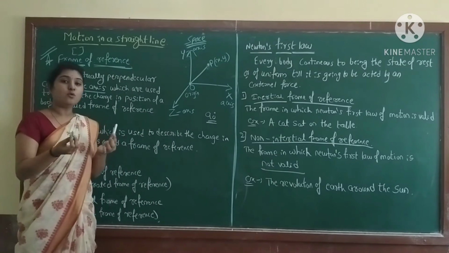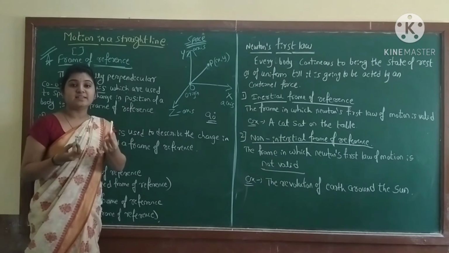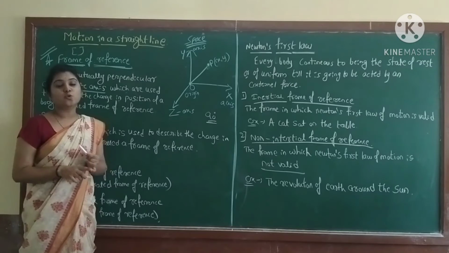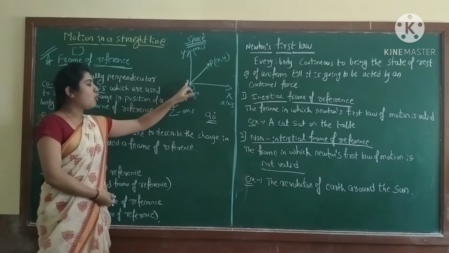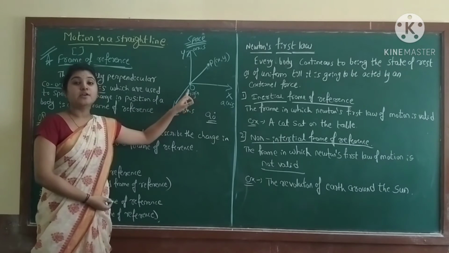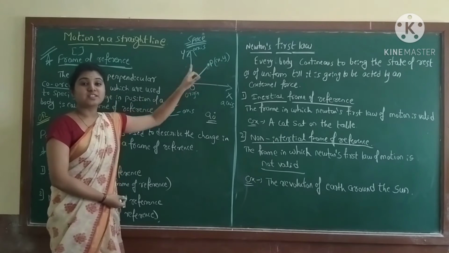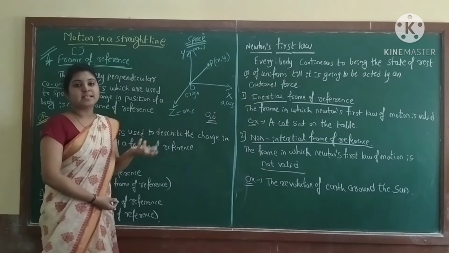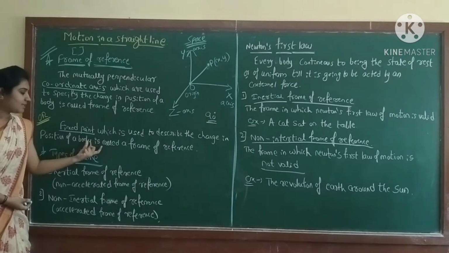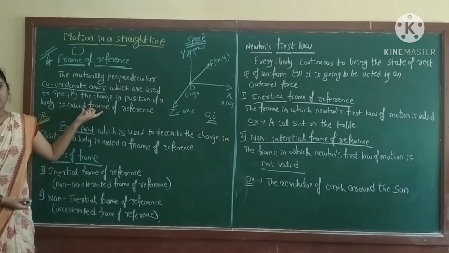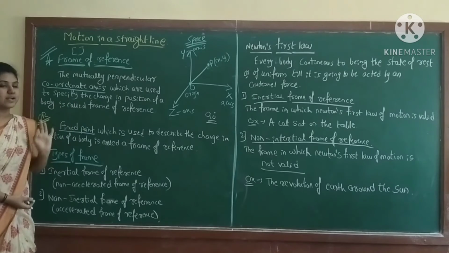So if we use a fixed point and describe the change in its position, we also call that the frame of reference. Here also, see, O is a fixed point and we are describing the change in the position of P with respect to this O. That is nothing but the frame of reference. Understood? You can write this definition also or else this definition also.